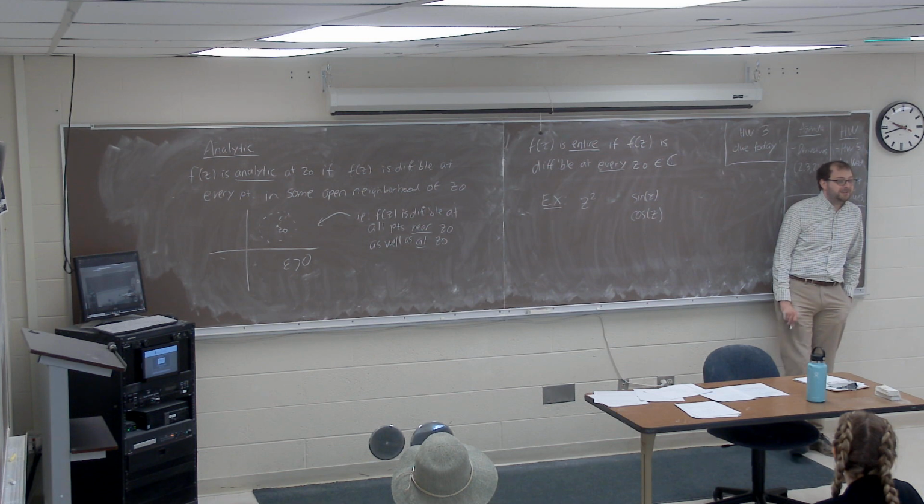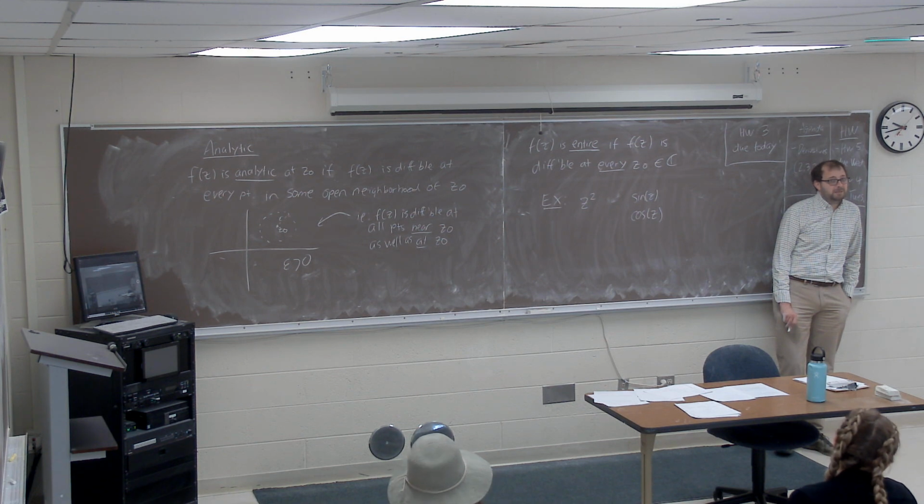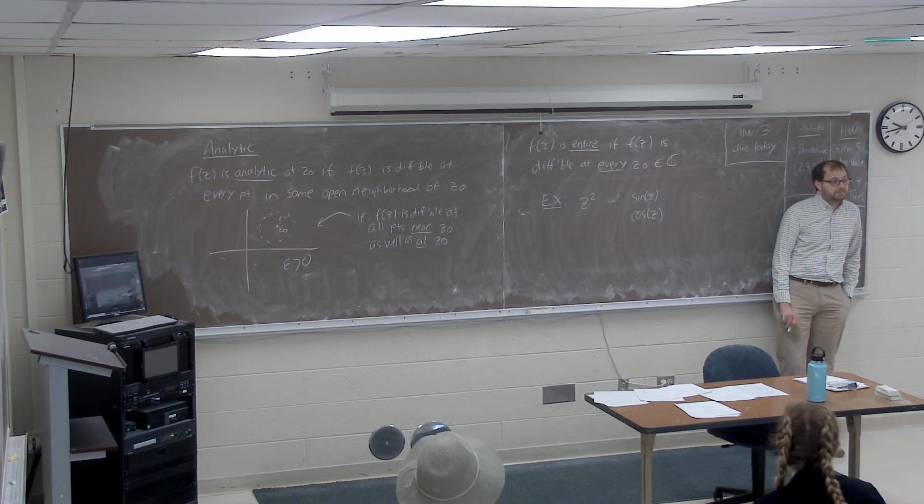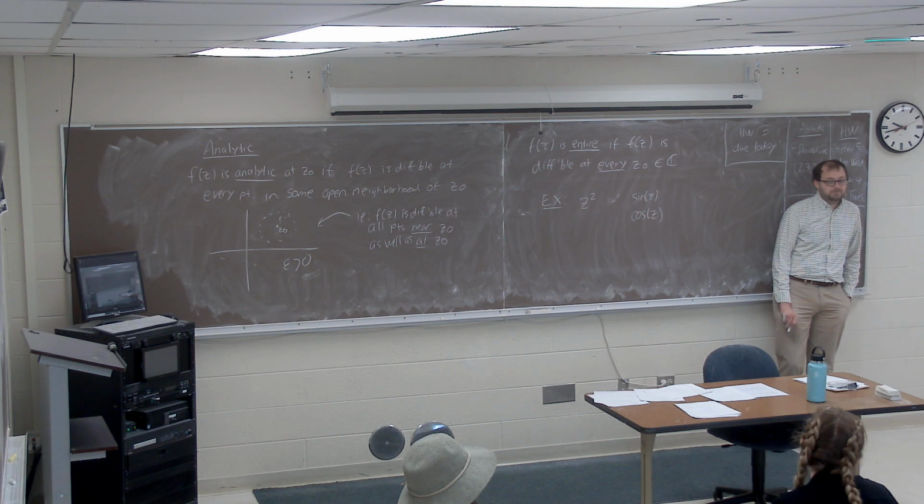Can you think of any other types of functions that are differentiable everywhere other than cosine, sine, and z squared, or x squared if we're looking at the real case? The natural log of z. Natural log is not going to quite work out because it's going to fail to be differentiable at 0. Is z cubed differentiable?